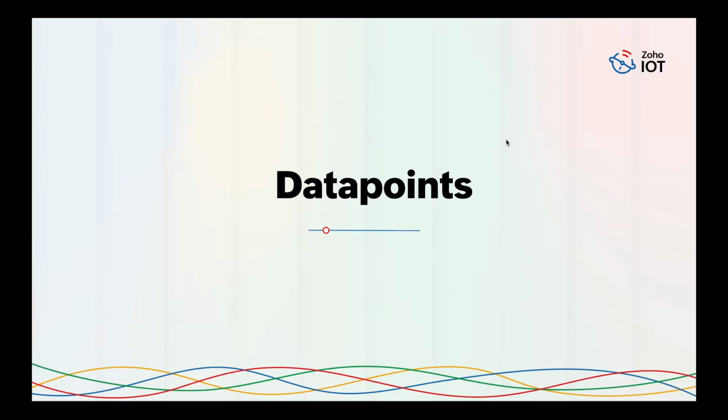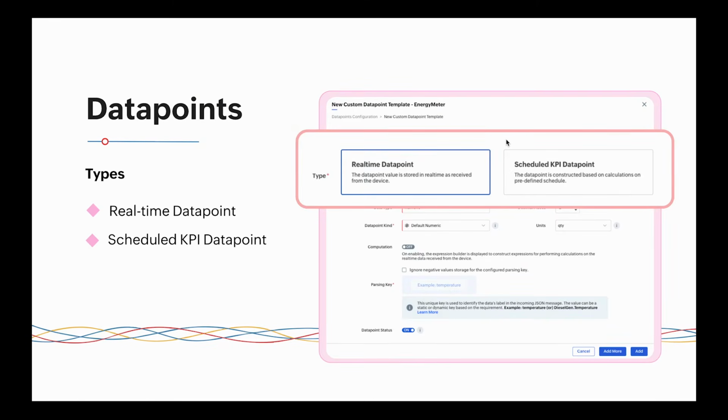The next one is the data points. In data points, there are broadly real-time data points and scheduled KPI data points. The real-time data points are individual measurements or values that we collect from the sensors at a specific point in time, and we also store them in a time series way.